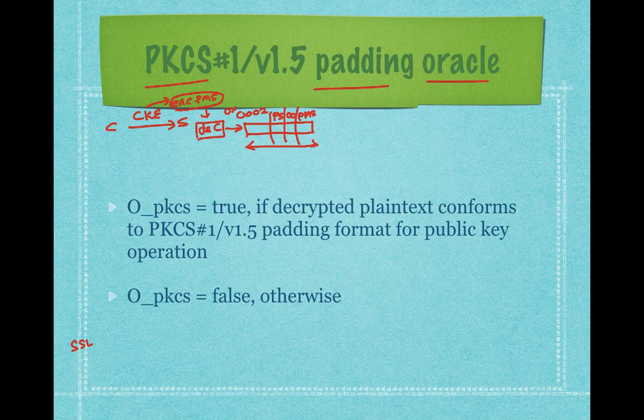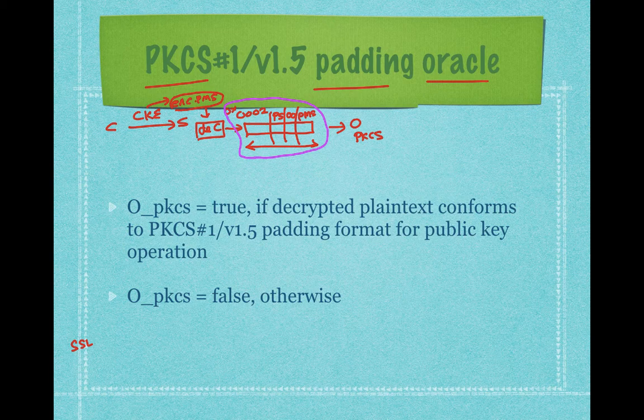But after decryption, the server is still not sure whether it's properly formatted or not. So what it will do is send this entire decrypted text to the padding oracle. This padding oracle will check whether it is compliant to the PKCS formatting or not.